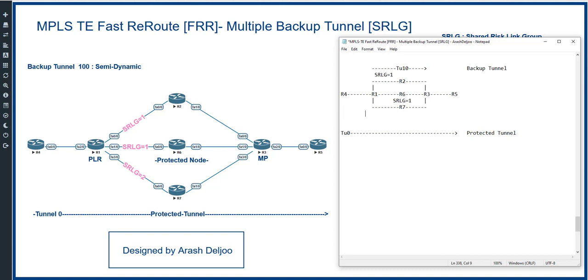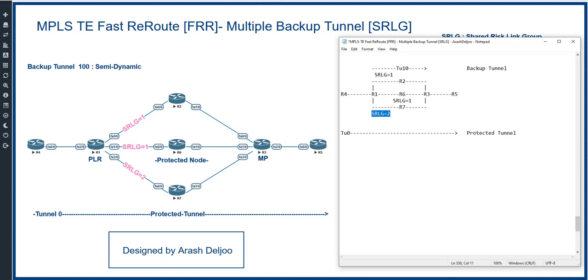Because of that, we can configure SRLG of 2 for this path. This means that here we have a different shared risk link group, so it's better to use this path. We can say that when the path of router 6 fails, this path will not fail, because it has a different SRLG.